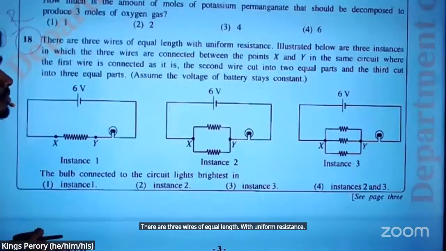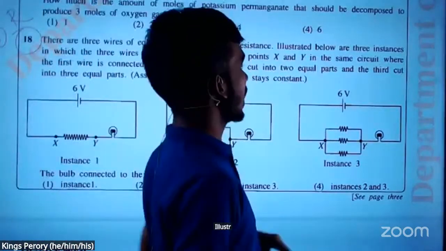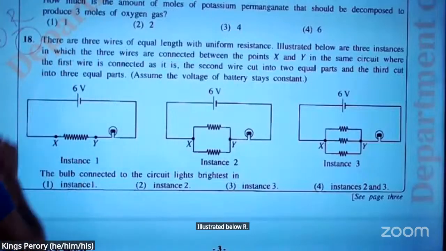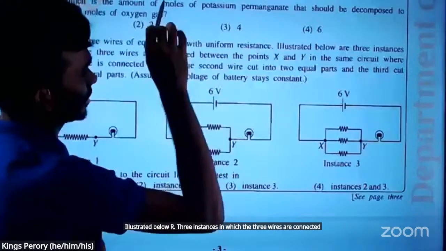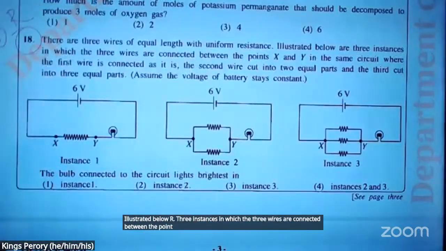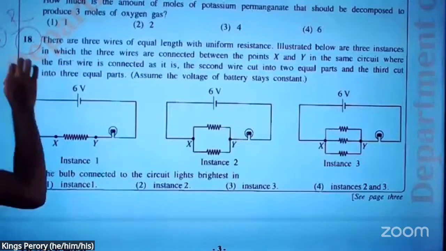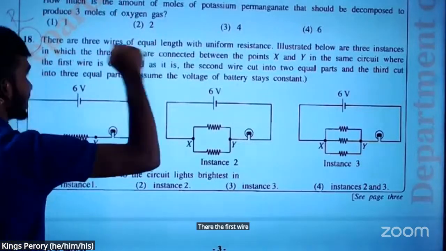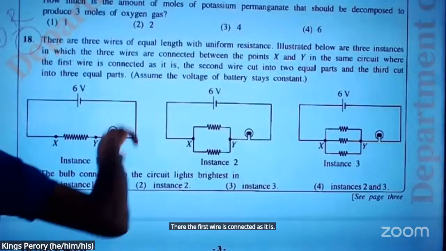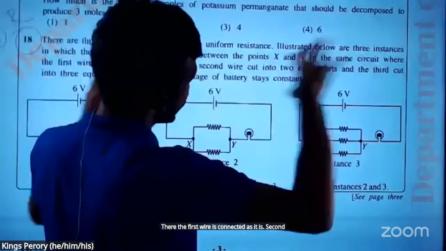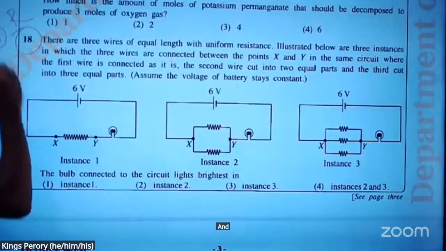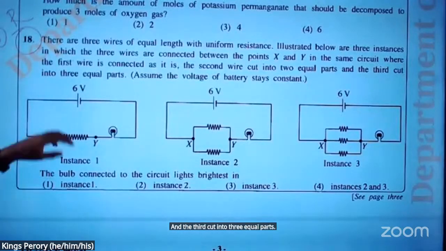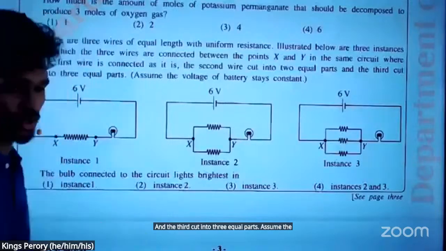Illustrated below are 3 instances in which the 3 wires are connected between the points X and Y in the same circuit. The first wire is connected as it is, the second wire is cut into two equal parts, and the third is cut into three equal parts. Assume the voltage of the battery stays constant.